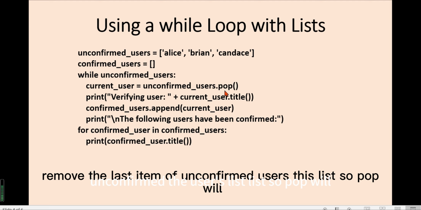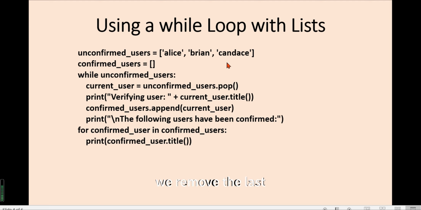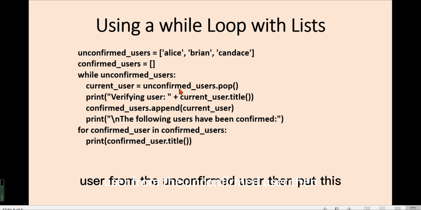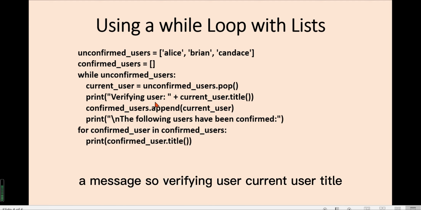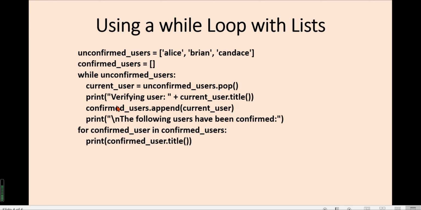So pop will remove the last user from the unconfirmed users, then put this value into current user. Then we print a verifying message: verifying user, current user title.